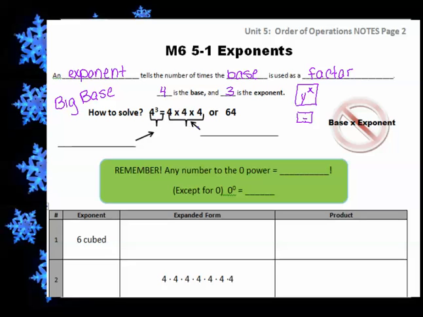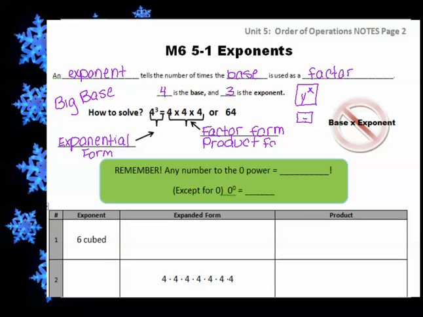Now there's two different forms, and you can see from little brackets here. This form right here is exponential form. So it's written with an exponent, so that's why it's called exponential form. Now there's two different ways you can say this form here, where it's all written out, the 4 3 times. You can either call this factor form, you can call it product form.